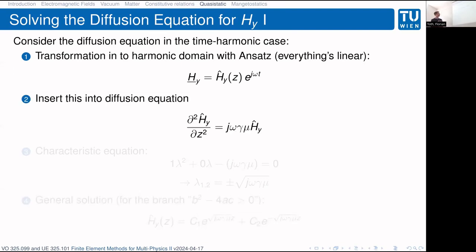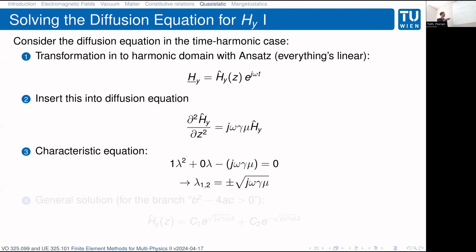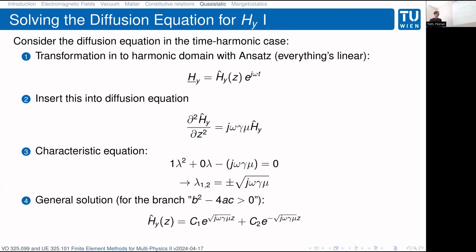Bring this into the equation so we can build the time derivative, and what remains is an ordinary differential equation in H_y. So we can build the characteristic equation and solve for the roots. These give us the numbers 1 and 2, where we have the material parameters inside. And with these roots, we can write the general solution for the problem.